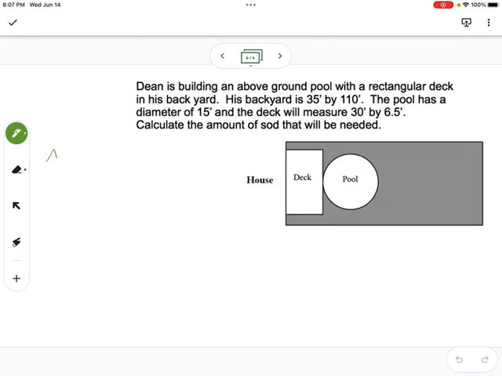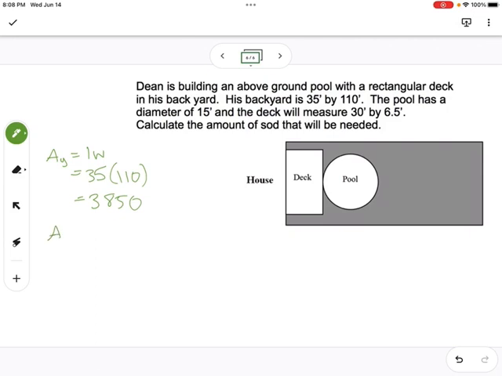So the area of the yard is a rectangle, so we're using length times width, and that's 35 times 110. So that's 3,850.